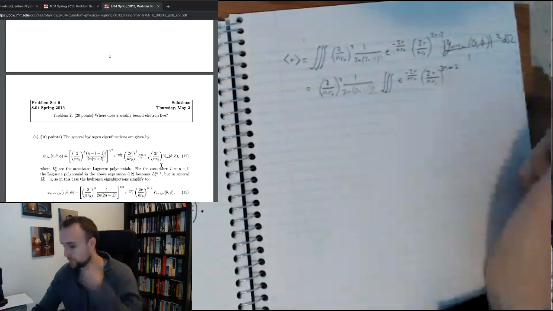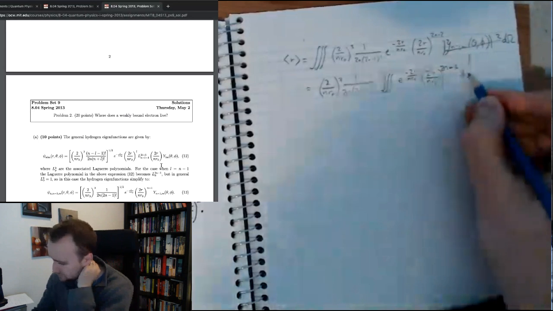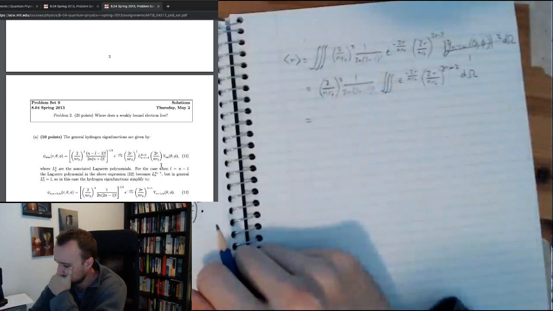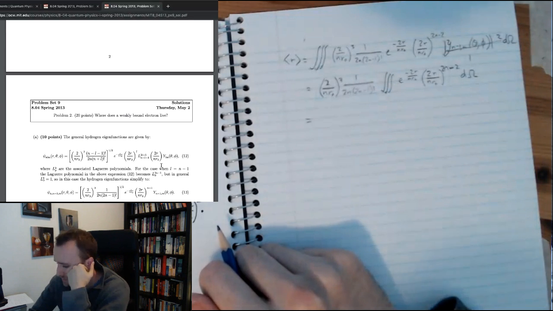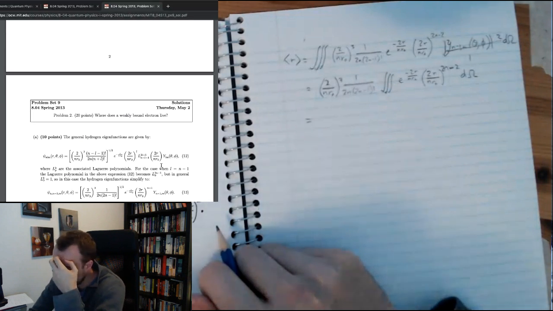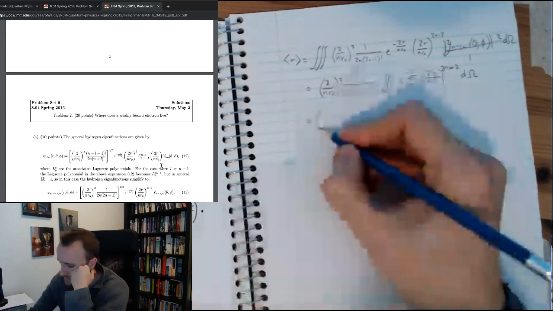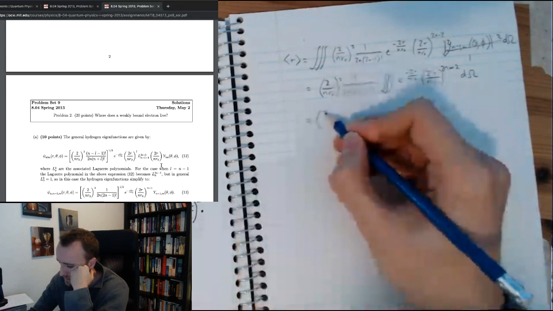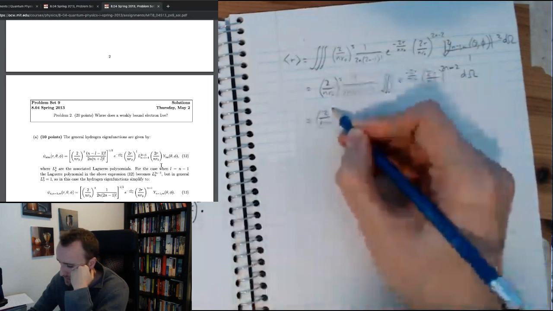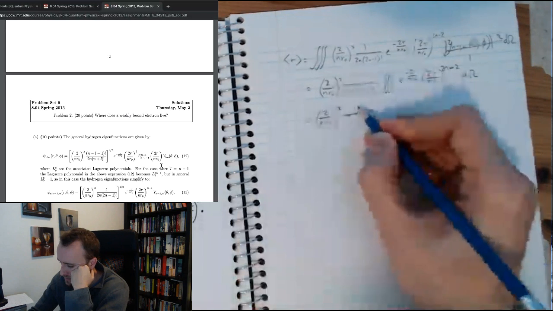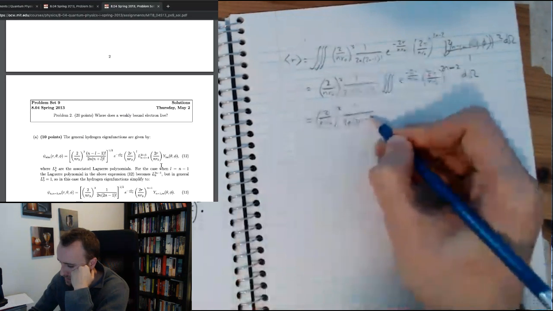N minus 2. So we should be able to integrate by parts on this. But I think we should first integrate over sine, so we're going to 2n r naught cubed 1 over 2n minus 1.